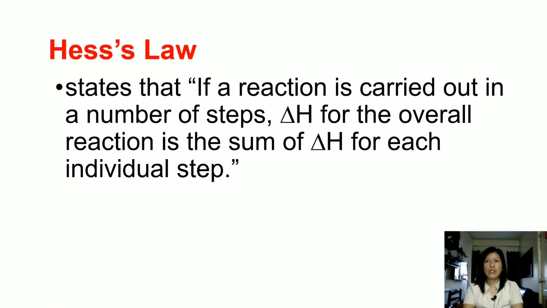So if the formation, for example, of a substance is from a series of steps, the overall enthalpy of the reaction will be the sum of the enthalpies of the individual reactions. So you just add them up to get the sum. Although the enthalpy of reaction depends on the initial amount of enthalpy or the initial enthalpy.